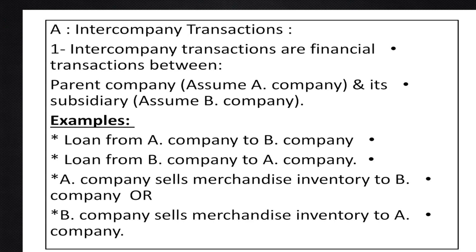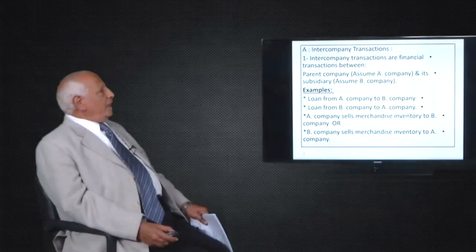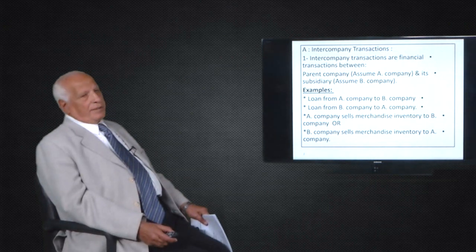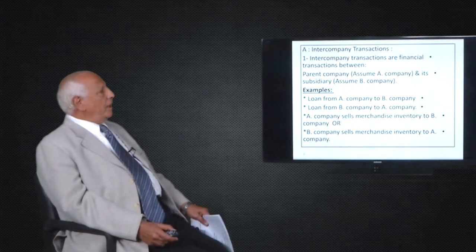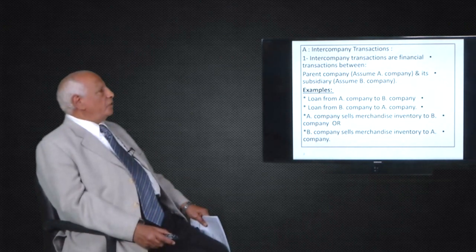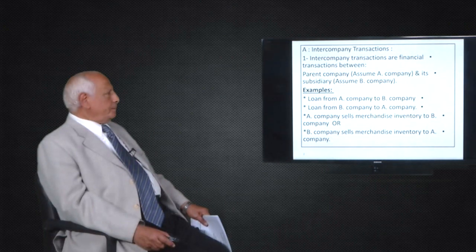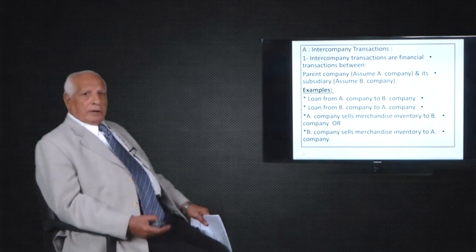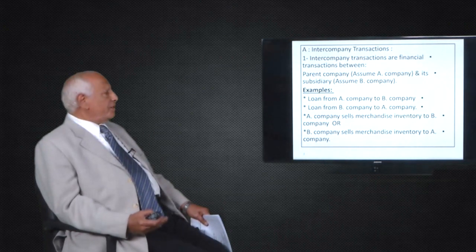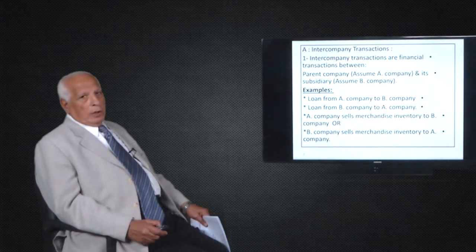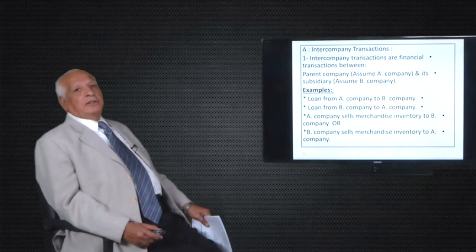Start with the first issue, intercompany transactions. Intercompany transactions are financial transactions between two companies. Parent company, assume A company is a parent, and B company is a sub. We have two companies. What kind of intercompany transactions do we have? First, a loan from A company to B company.